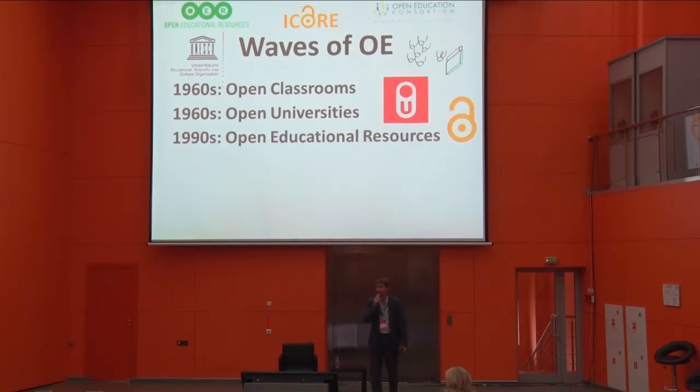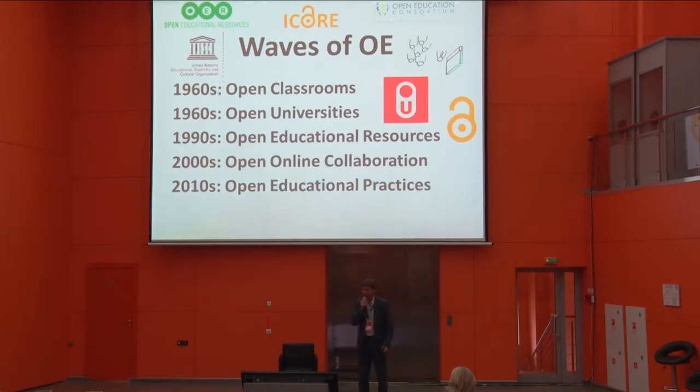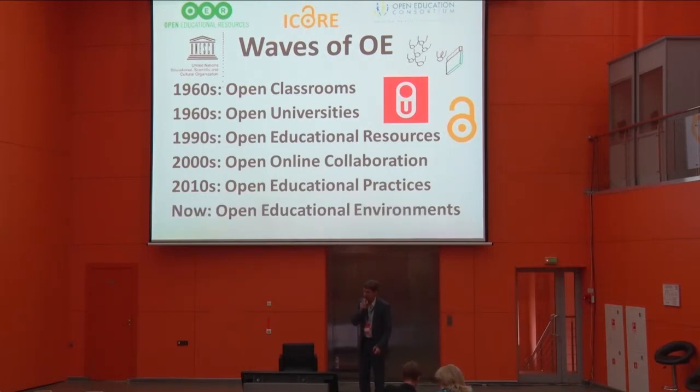In the 1990s, open educational resources became popular, and those are resources that are marked with an open license, like for example the Creative Commons license that I showed you in the beginning. 10 years later, open online collaboration started due to the establishment of Web 2.0, and that was also leading to new open educational practices in the middle of the 2010s. And finally, we are now dealing with open educational environments. That is currently the new trend that we have to reflect on.